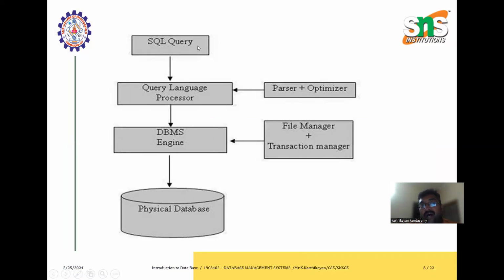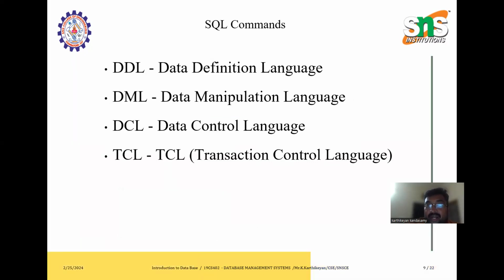Once the query is received and query language processing is done, the database management engine is available and the physical database stores all the data. Once the query is received, the processor can optimize your data, and the file manager maintains the transaction process. So next we go for SQL commands.